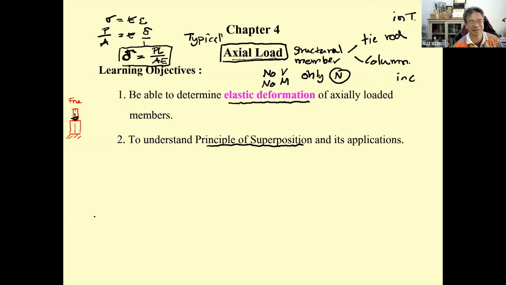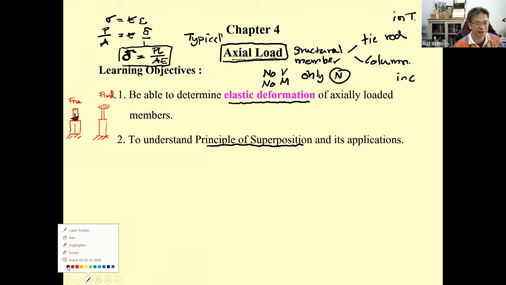We can analyze this structure by using the free body diagram and the equation of equilibrium, only that. But if you put the support on the top, changing from free to fixed, what happens is this structure is going to be statically indeterminate.